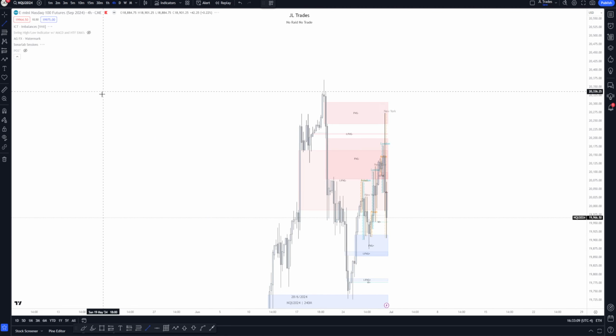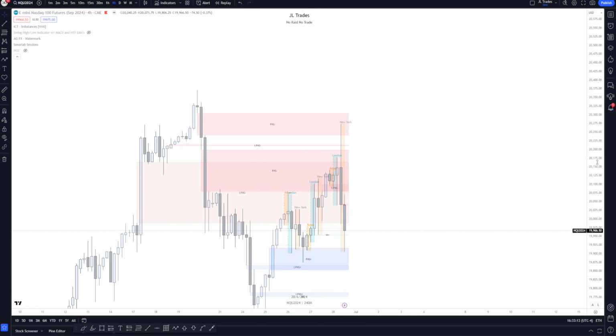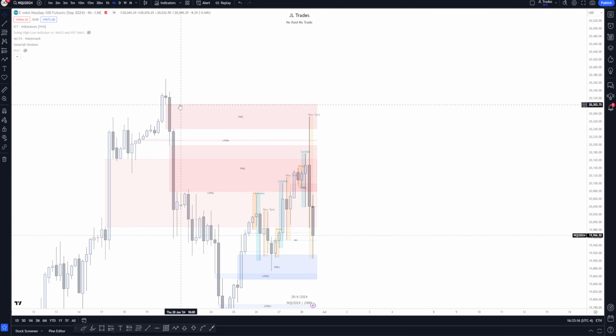If we go to the 4 hour, what do we have? What we have here is a bearish 4 hour FVG. We also are in one currently now here.